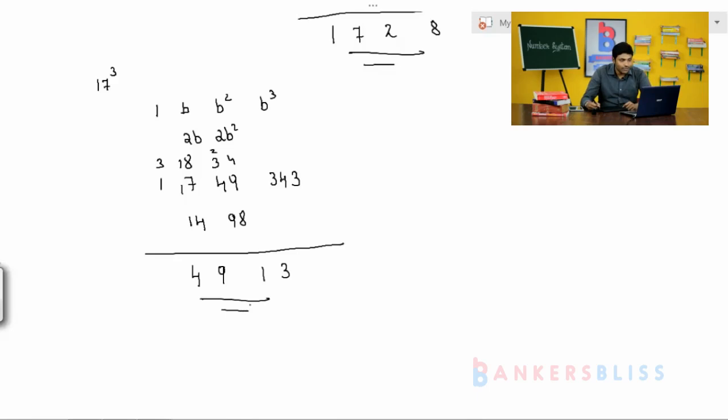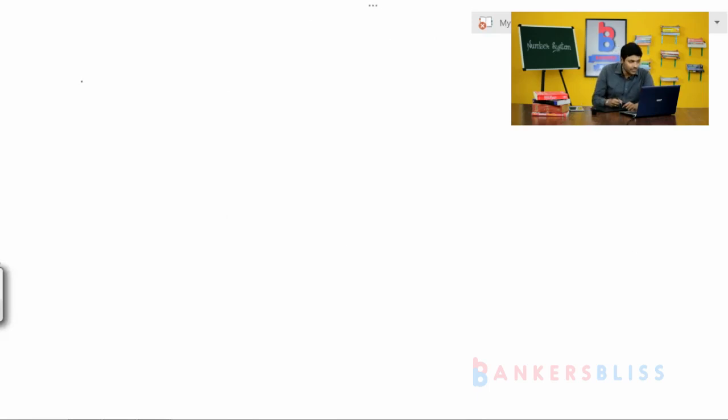Let me take one more number. The number is 14 cube. So 1 B, B square, B cube. Next 2B, 2B square. So next 1 4 is 4, 16, 64. Next 4 2s are 8, 16 2s are 32.